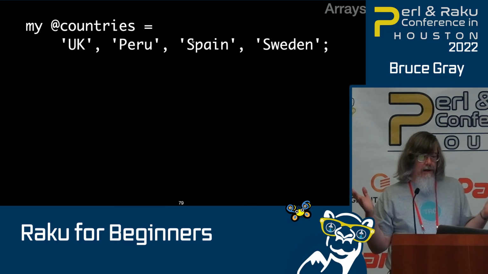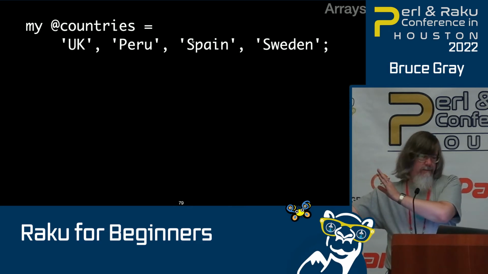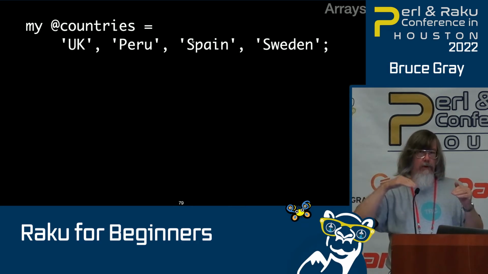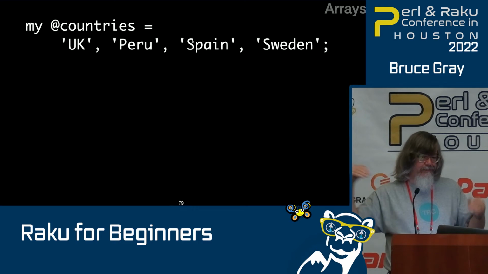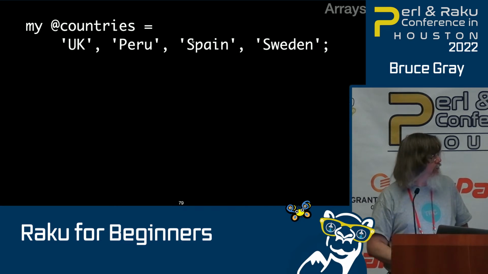In college, they taught us to think about a line of those variable boxes, but with just one label on the whole line. In Raku, the key idea is positional. That's an important word. You'll hear it again.